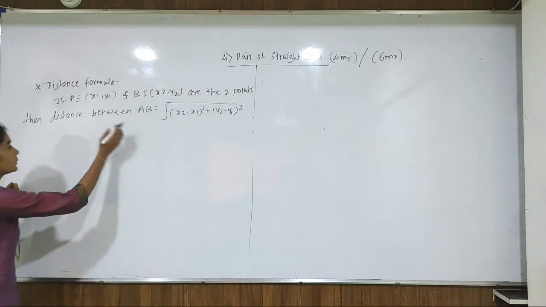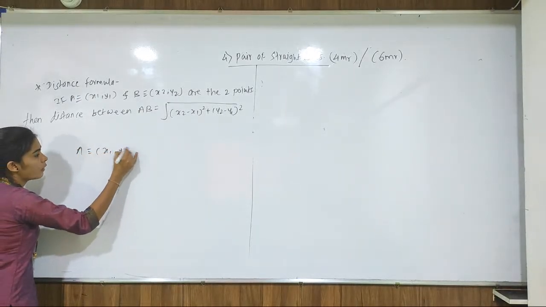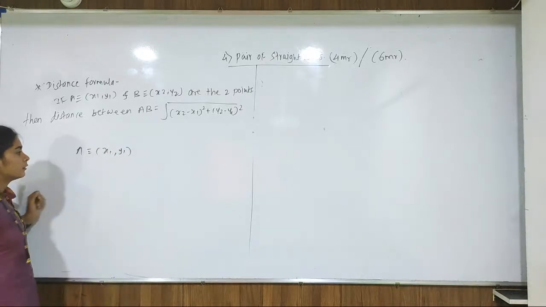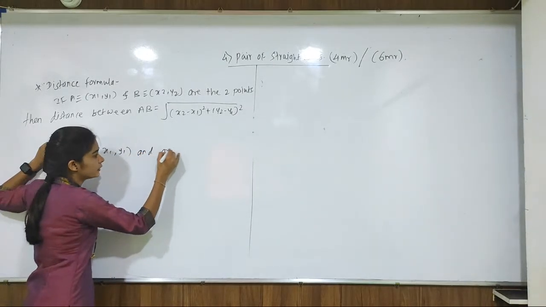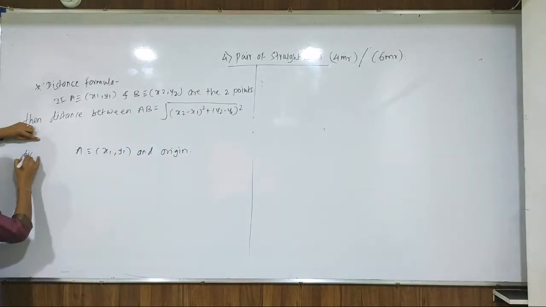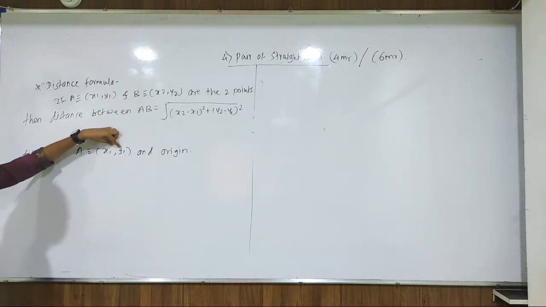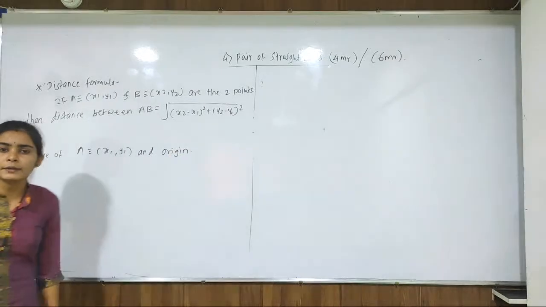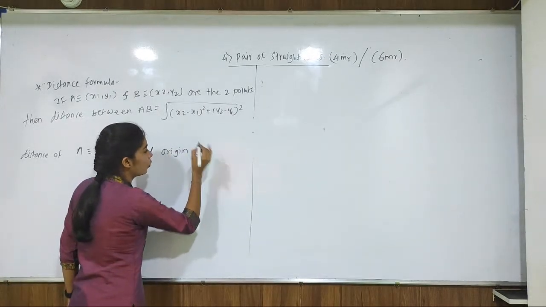What about the distance, if we have the point A is equals to x1 y1 and the origin? Distance of point A is equals to x1 y1 and origin. So tell me, suppose origin is considered as O. Okay.